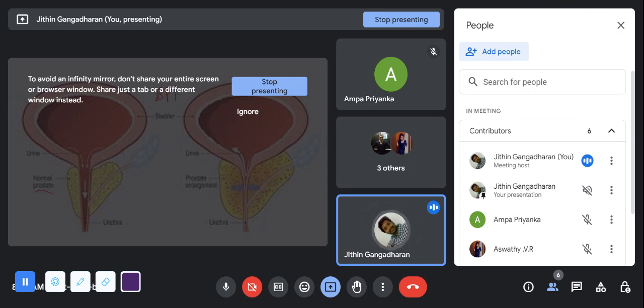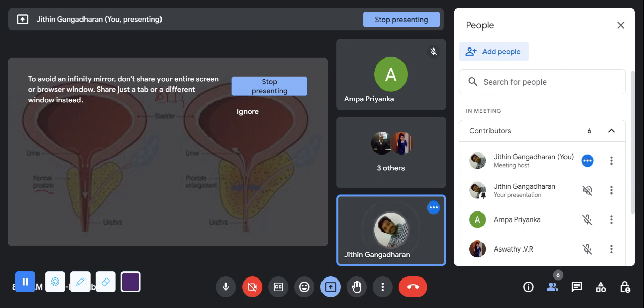The BPH, benign prostate hyperplasia. Sorry for the disturbance.